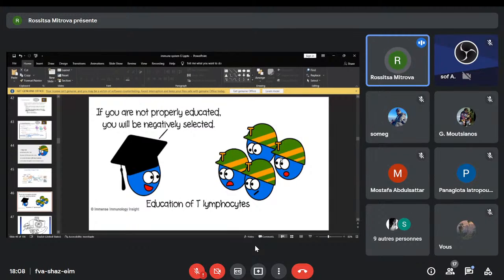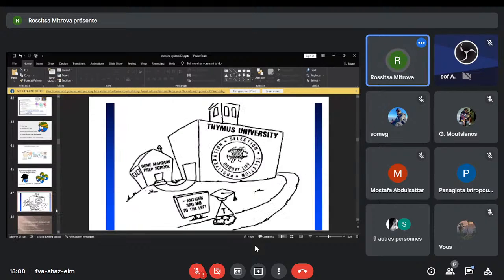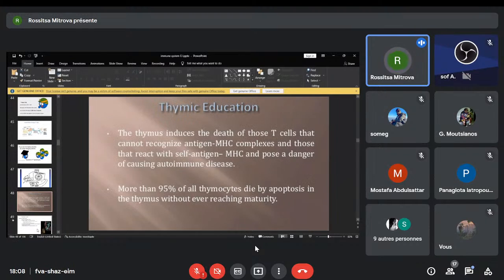The education of T lymphocytes is very important, and if they are prepared in the bone marrow preparatory school, they must absolutely pass the Thymus University, and after that, they will easily recognize the antigens that they will eventually meet, for instance, 3 meters along the road to the left.